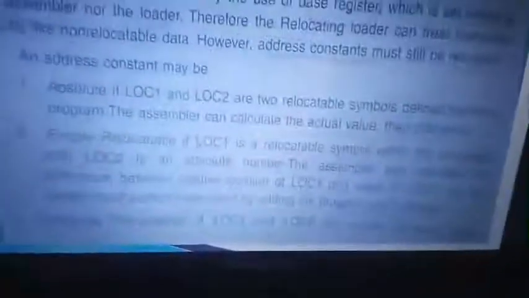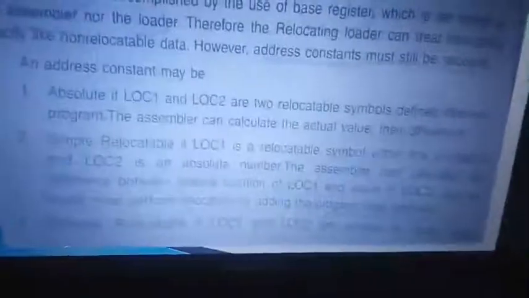So what problems occur when there is a relocation? First, if the address constant is absolute, like the address of a loop and the address of A, then it can directly know the address. A should be referred from location 540, and loop should be referred from location 538.